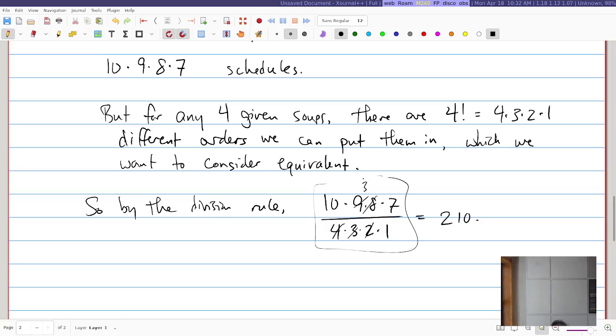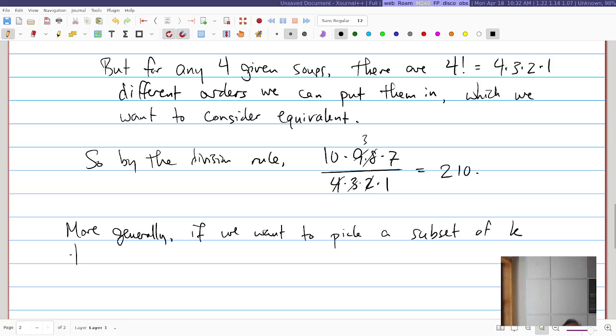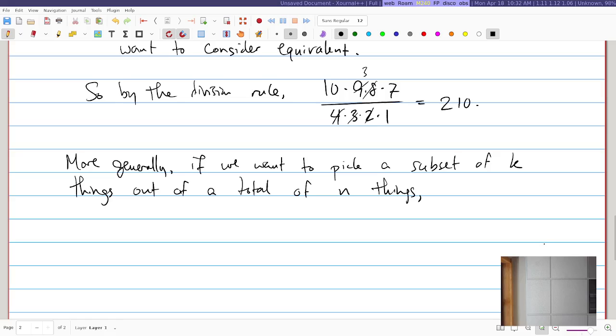Because I want to generalize this now. This doesn't apply only to numbers 10 and 4. So more generally, if we want to pick a subset of k things out of a total of n things, let's think about how to do this more generally.